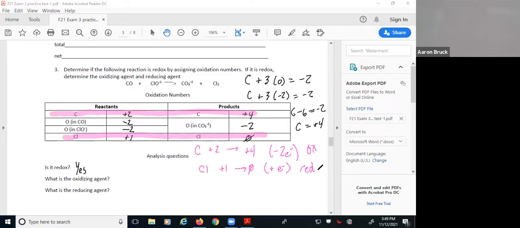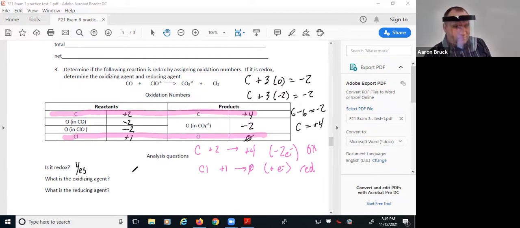Where that whole ion comes in is when we identify the agents. So just like when we were looking at Bronsted-Lowry acid and base, oxidizing and reducing agents are on this half of the equation. They are reactants.